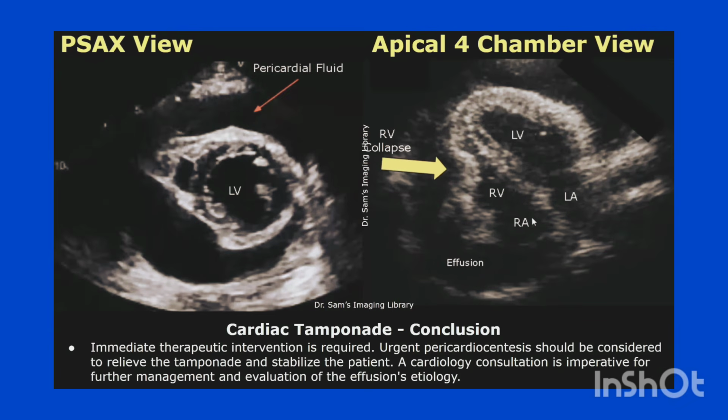Immediate therapeutic intervention is required. Urgent pericardiocentesis should be considered to relieve the tamponade and stabilize the patient. A cardiology consultation is imperative for further management and evaluation of the effusion's etiology.